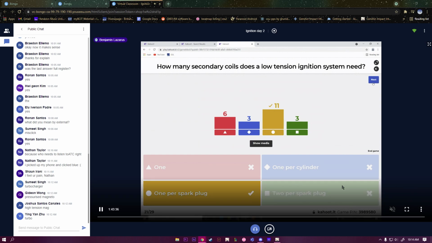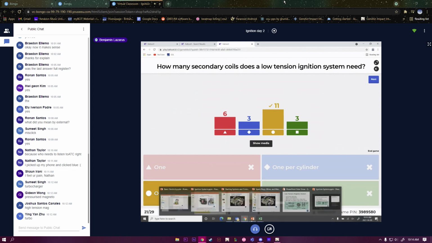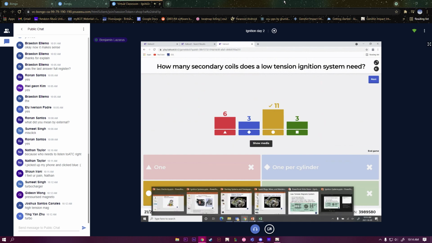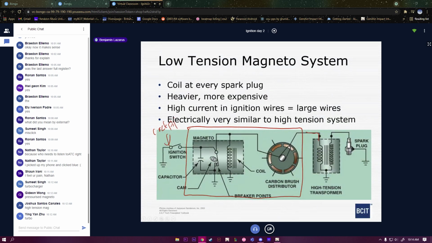Lost a lot of students here. One per spark plug. Remember, my secondary, my low tension magneto system, every spark plug gets its own coil. This is why they're obsolete. Nobody wanted to pay for and carry around and troubleshoot 36 coils for a low tension system on an 18-cylinder engine when you could do it with 2 coils.